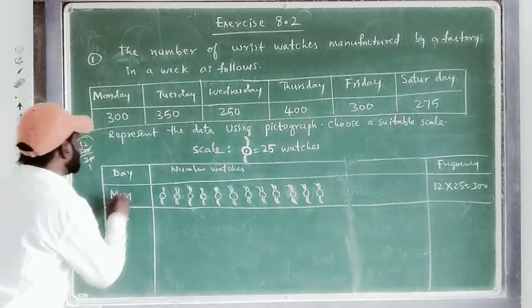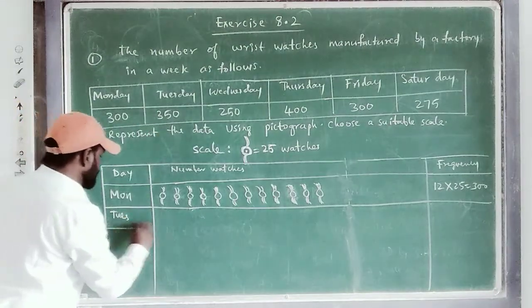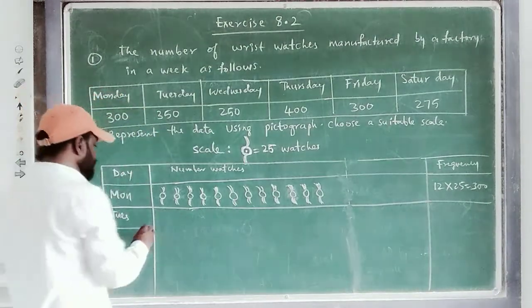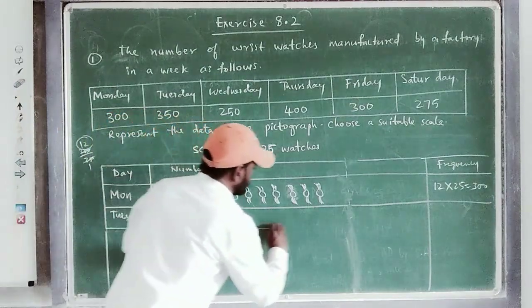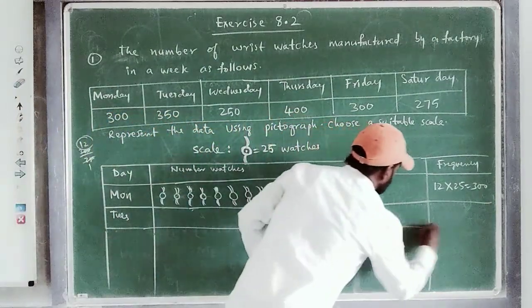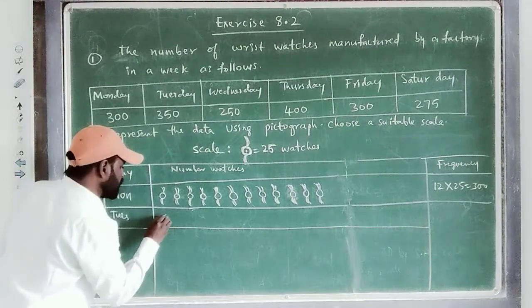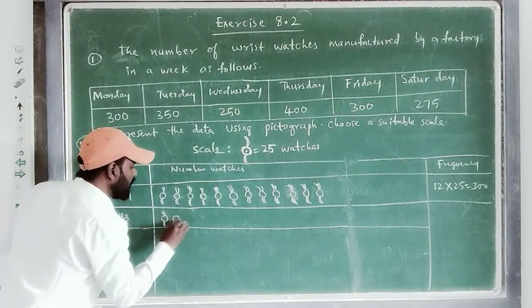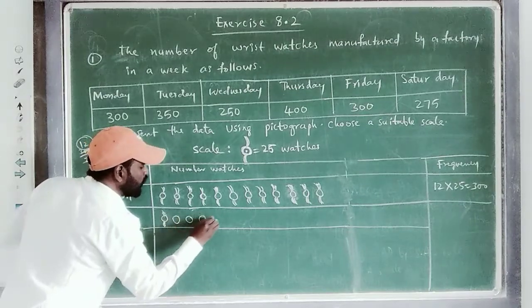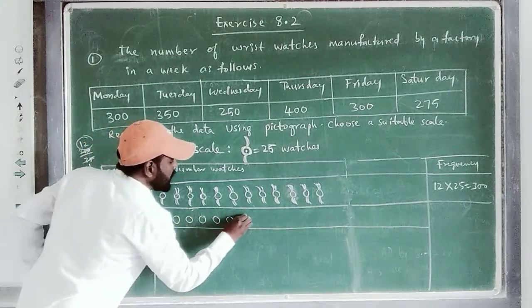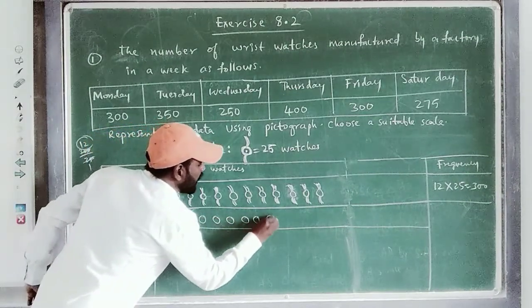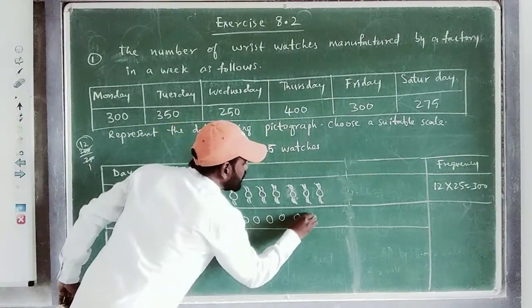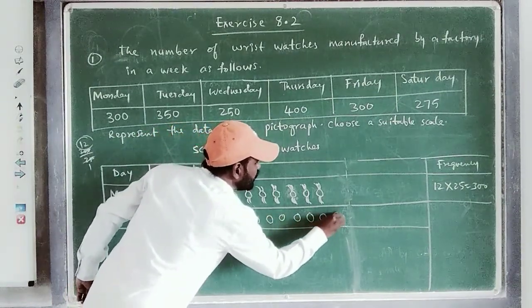Next, Tuesday 350. That means 12 plus 2, so 14 we have to draw. 1, 2, 3, 4, 5, 6, 7, 8, 9, 10, 11, 12, 13, 14.